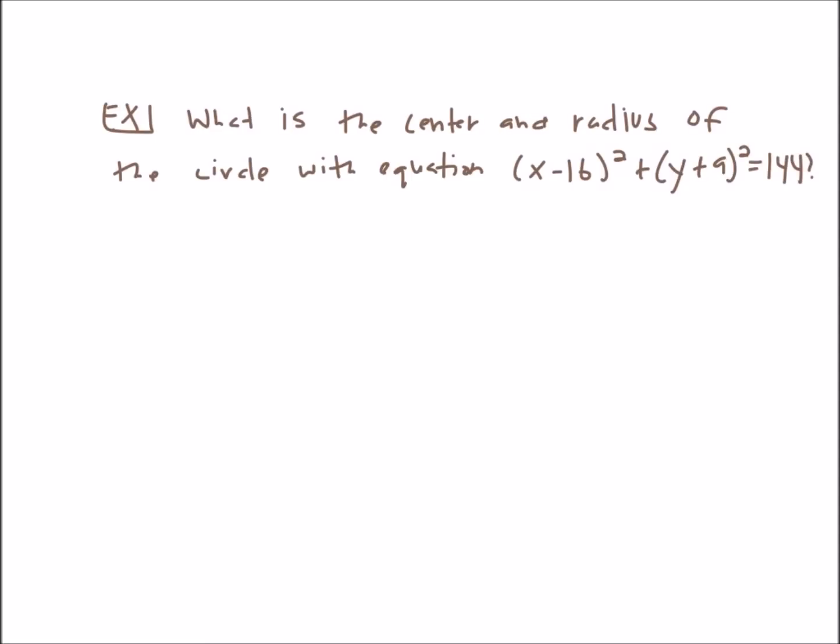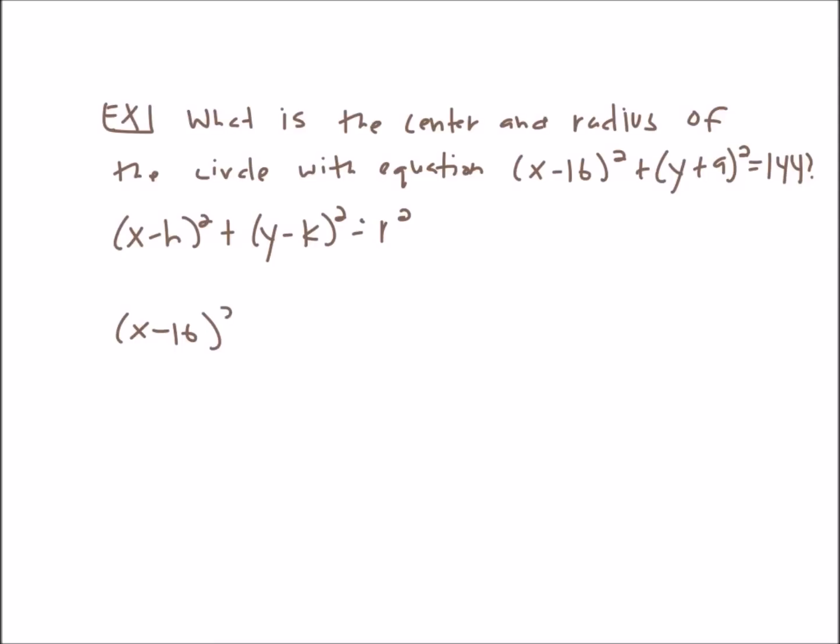All right, well again, we want to think about our standard form, which is x minus h squared plus y minus k squared equals r squared. And we are trying to identify what our h, k, and r are. H and k will be our center, and r will be our radius. Well, in our equation, we need to have 2 negative signs in front of our h and k. On the first part, the x minus 16, we already have that. So I don't have to do any rewriting on that one.